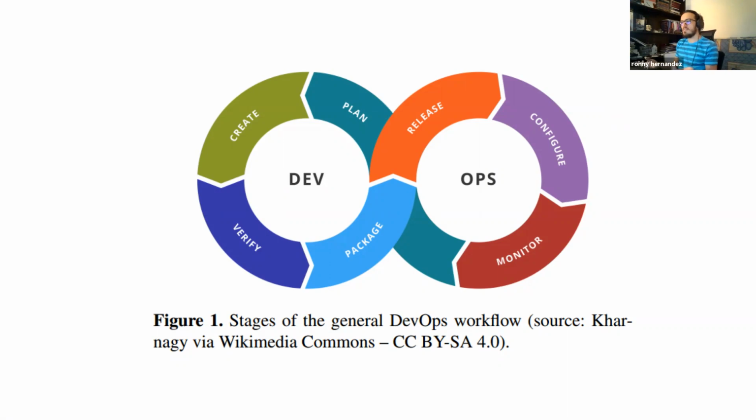But the DevOps concept is that we can plan ahead, we can create issues, we can create our tasks, and then we can create the code, we can verify the code, then we can create a data product like a package, and we can have versions and releases and then configure and monitor all this workflow of code that we have been working on for one or two months and so on and so forth.